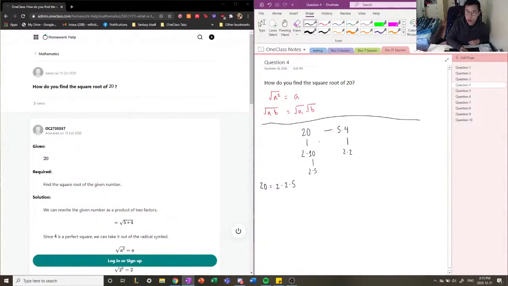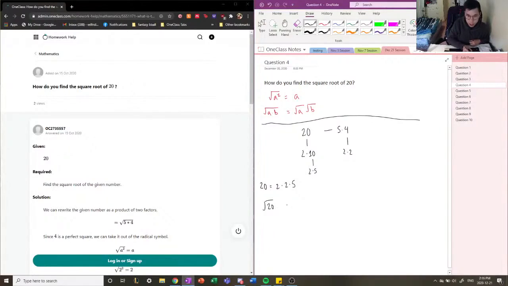So no matter which way you go, for example, if you have a really big number like 144, if you find different factors of 144, if you break it down, in the end it'll always be the same prime numbers. Okay?